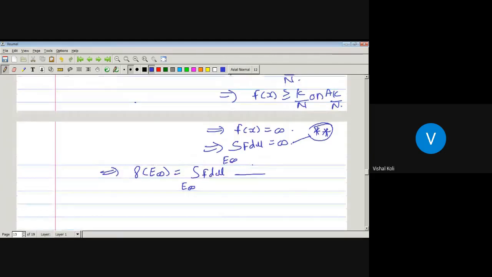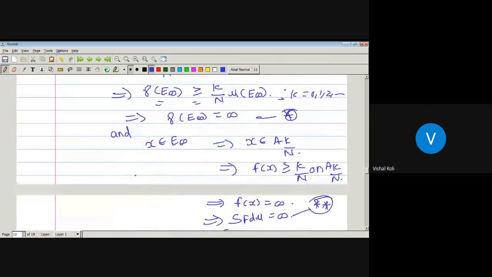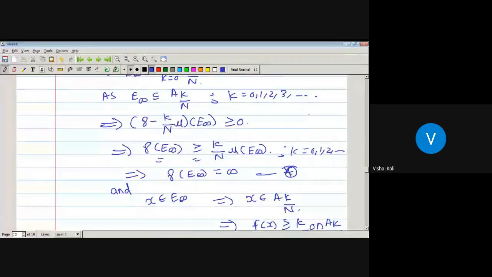So this will be equation 8. This is possible when the measure of E infinity is a non-negative constant. First we considered the measure of E infinity to be greater than 0, but there is one other possible value, that the measure of E infinity may be equal to 0.